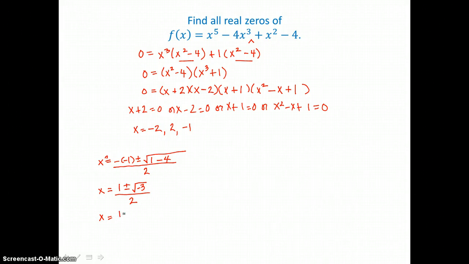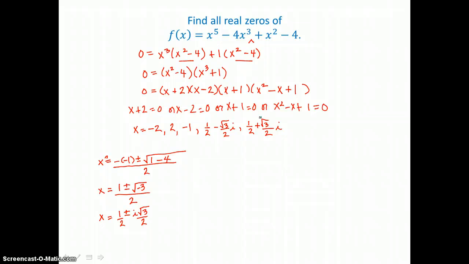I'll just put them in proper form. So I have 1 plus or minus, the square root of negative 1 is i, square root of 3, and I'll divide both of the terms in the numerator by that denominator 2 so that I leave my imaginary solutions in a plus bi form. 1/2 minus the square root of 3 over 2 i, and 1/2 plus the square root of 3 over 2 i.